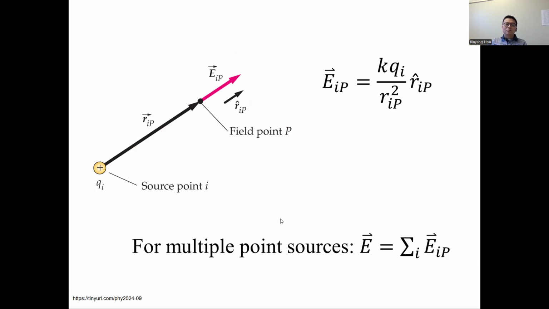So for the electric field at this particular point, it will be the electric fields by each individual charge adding up. Again, electric field is a vector, so we are doing vector addition. It's similar to the force. Electric force is a vector. If you are adding electric forces up, we are doing vector addition.